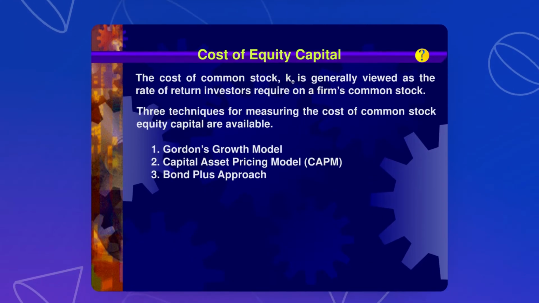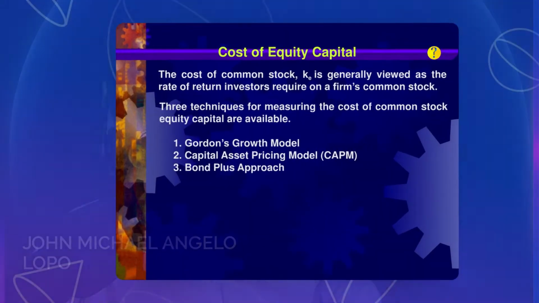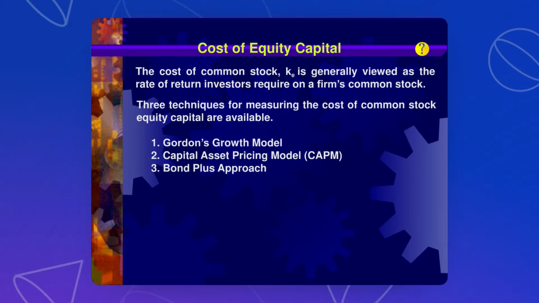Next one is all about cost of equity. So what does cost of equity mean, class? It is also known as the cost of ordinary shares. The cost of the common stock, KE, is generally viewed as the return that investors require on the firm's common stock. So it is more on the return on your common stocks.